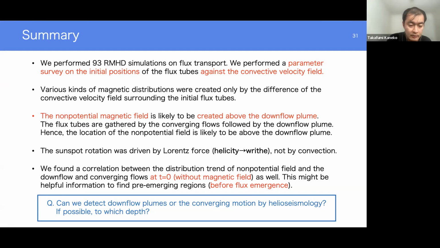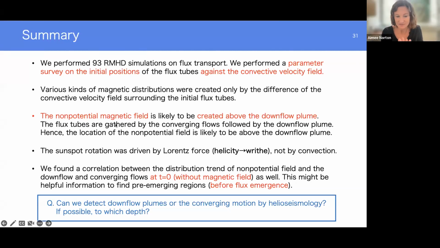And I'm not an expert in helioseismology, so I also want to ask: can we detect the downflow plumes or converging motion by helioseismology? And if possible, to which depths? That is my question. So thank you very much.